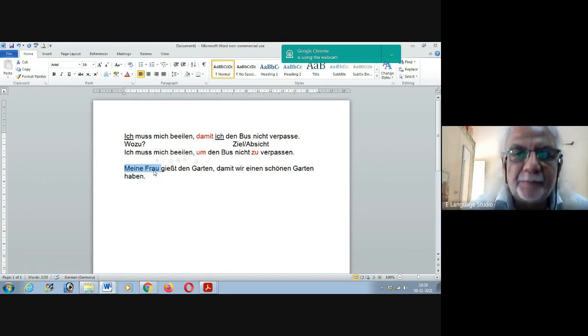And this is in response to Kushi's question. Structure-wise, you can change a damit into an um zu if the subject in the Hauptsatz and the subject in the following damit Nebensatz is the same.